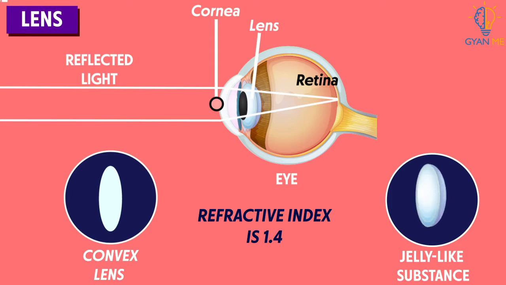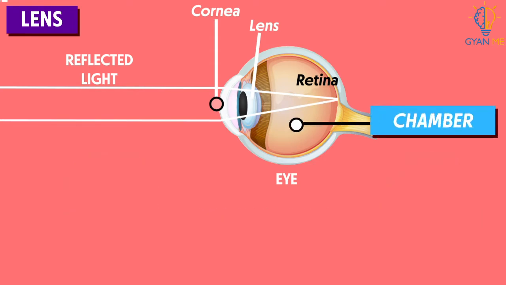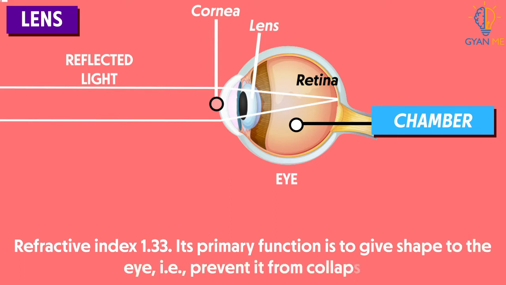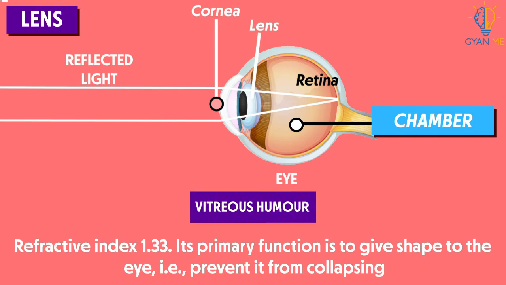But before reaching the retina, light passes through the chamber between it and lens. It is filled with transparent liquid of refractive index 1.33. Its primary function is to give shape to the eye, that is, to prevent it from collapsing. This liquid is called vitreous humor.